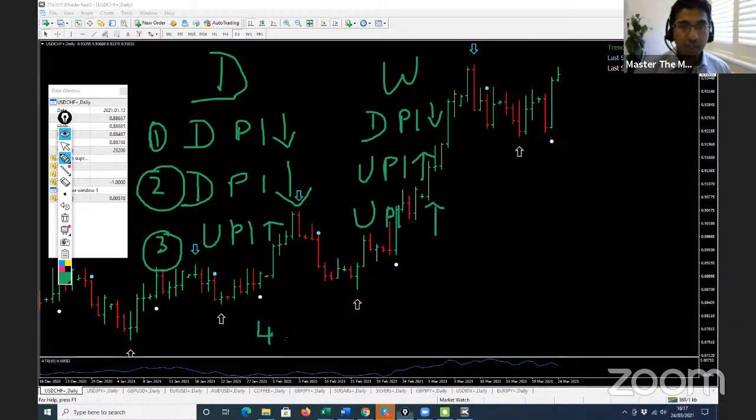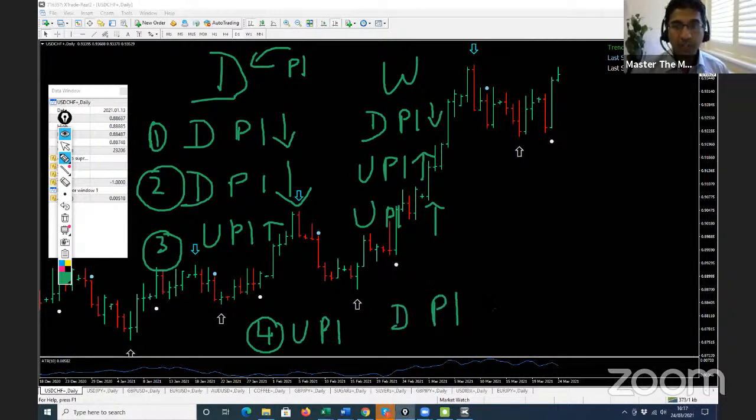The fourth permutation that you can have, these are all phase one permutations on the daily that we are seeing. Finally, you can have an uptrend phase one on the daily and a downtrend phase one on the weekly. So over here, you can have up and then you can have down. So they're not correlating. You can see direction wise, 1 and 4 are the ones that are correlating.